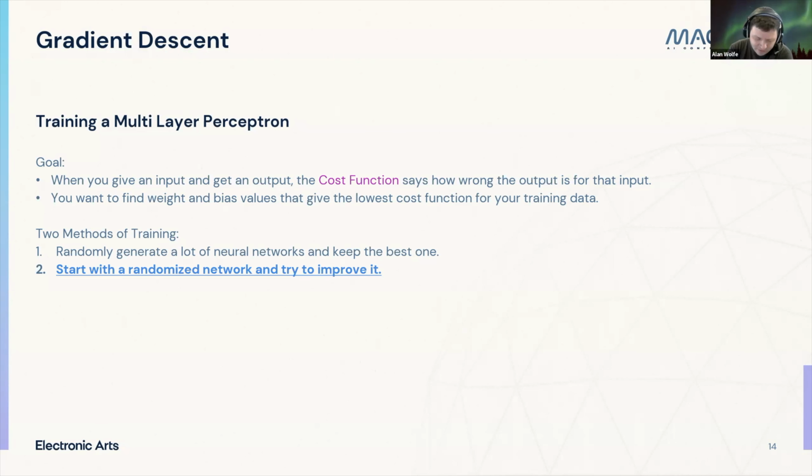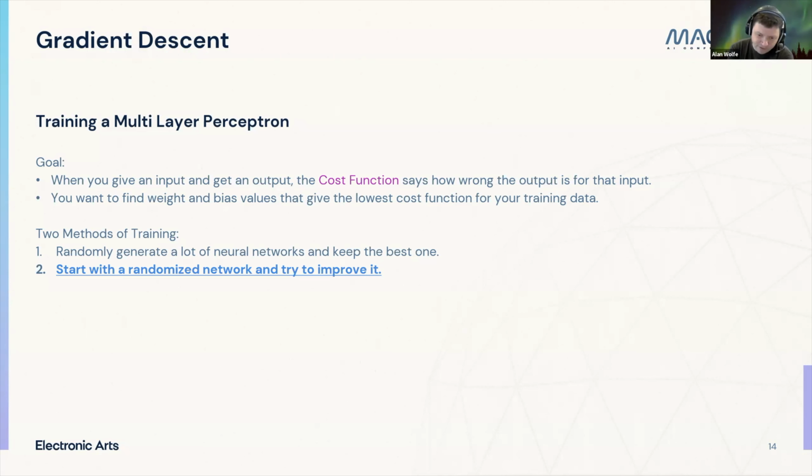There are two ways that I'm going to mention about getting there. One way of training it is you can just generate a whole bunch of neural networks randomly, like randomize the weights and the biases. You might generate 100 or 1,000 or 10,000 or more of these and just keep whichever one does the best.